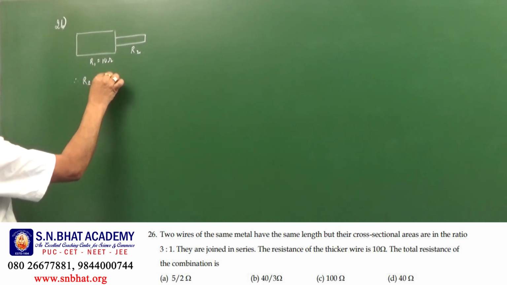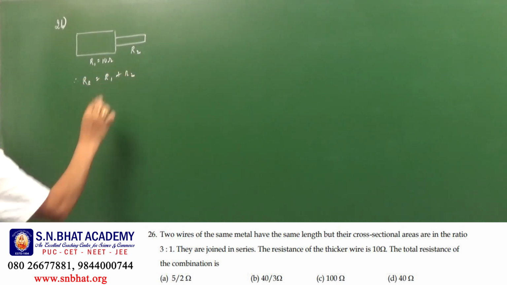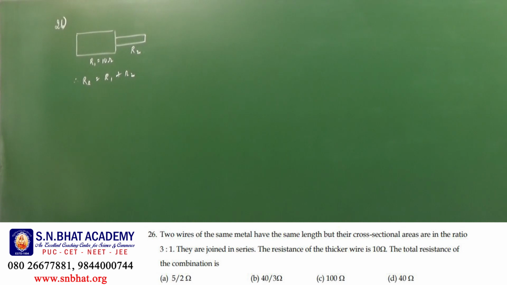You know that RS is equal to R1 plus R2. Now it's a very simple thing. You know that they have the same length but their cross-sectional areas are different. So what do you do? You take R1 and R2.